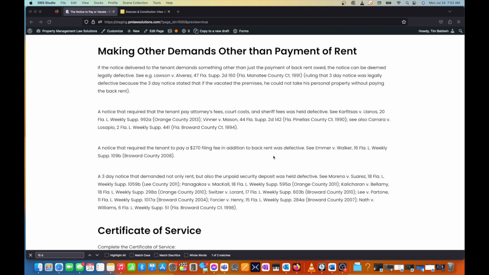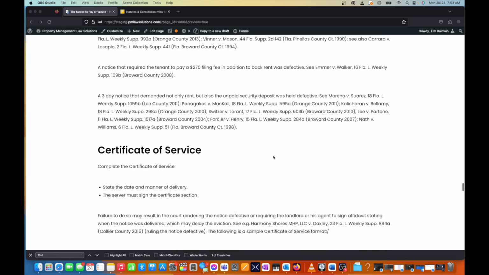Bottom line, it has to be a rent payment owed as opposed to other types of payment. For an example, security deposit. Now, we should not be in a situation where the tenant hasn't paid the security deposit because that's required to be paid before they actually move into the property. But just as a rule, we cannot make a demand for deposits in a 3-day notice to pay or vacate.